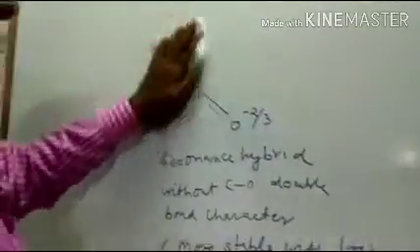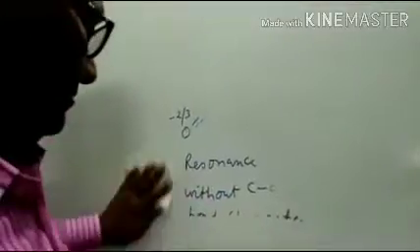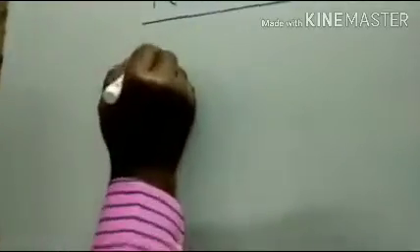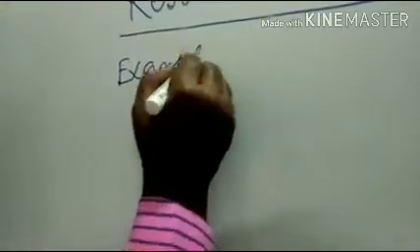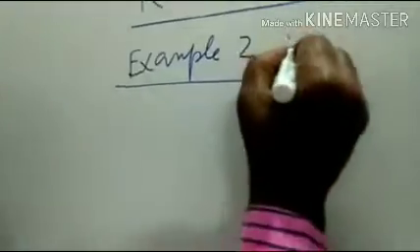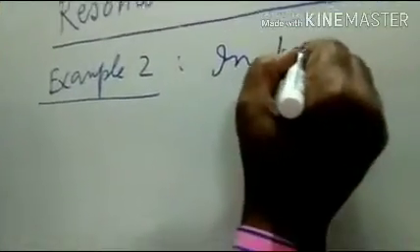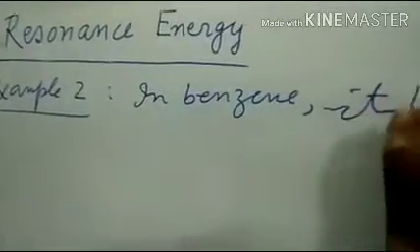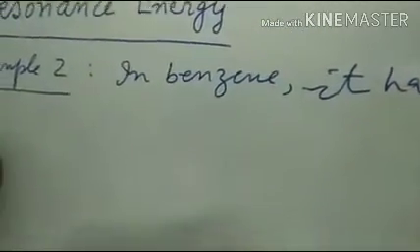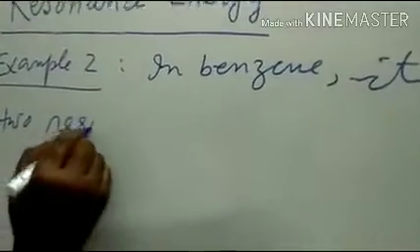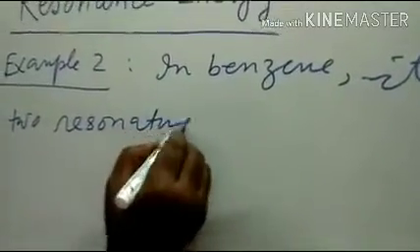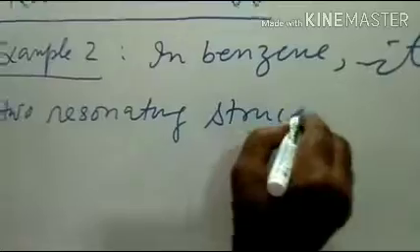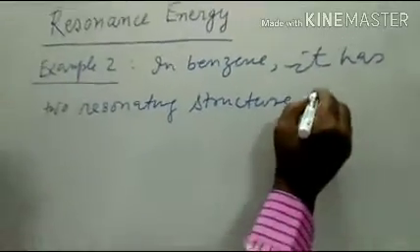I can put a new example to understand the difference. The example belongs to benzene. This is example 2. In case of benzene, it has got two resonating structures. Both are equivalent.